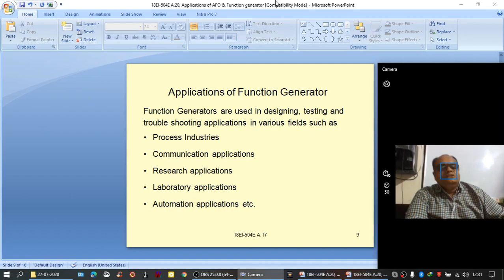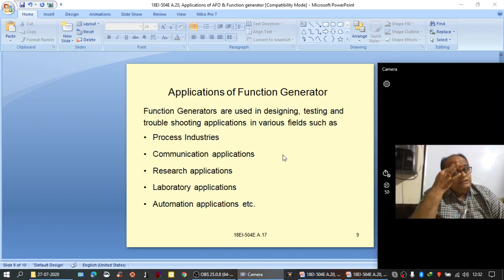In order to check whether the parameters are at the desired level or not, we apply external input signals maintained at reference voltage levels, and the status signals, that is the parameters measured and converted in terms of an electrical signal using a transducer. Any parameter which is to be maintained at a desired level is converted into an electrical signal, and that signal is compared with a reference input signal.